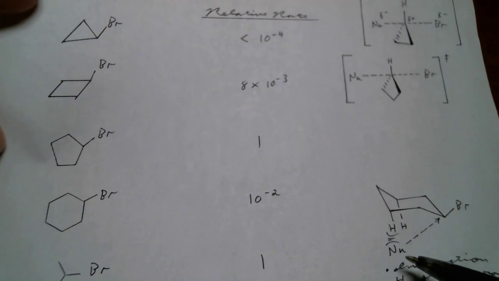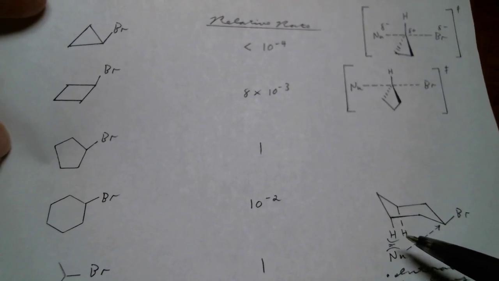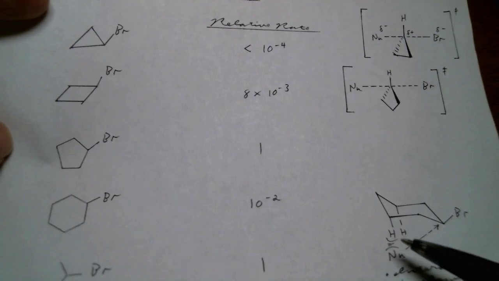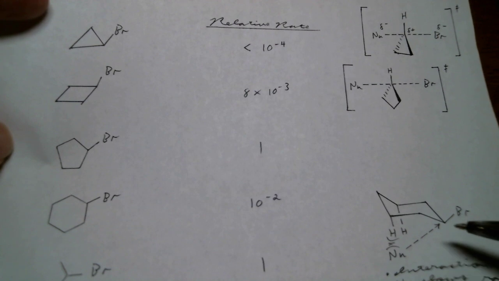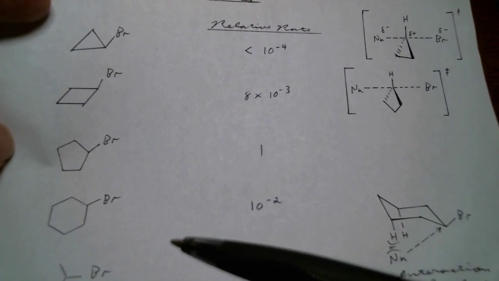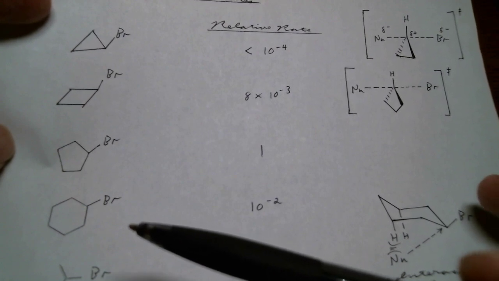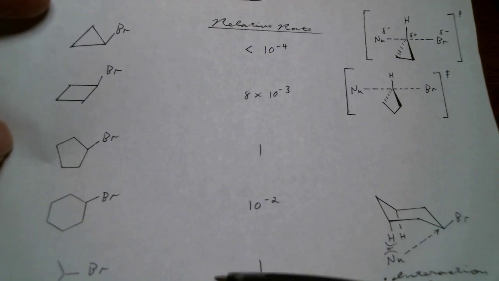And that's because our nucleophile has to interact with other axial hydrogens as it approaches the backside of the carbon, trying to displace the leaving group. So cyclohexanes are kind of slower to react. They do react, it's just a slow rate.